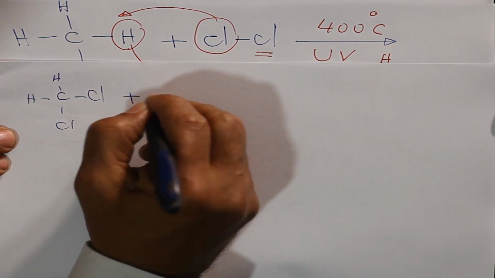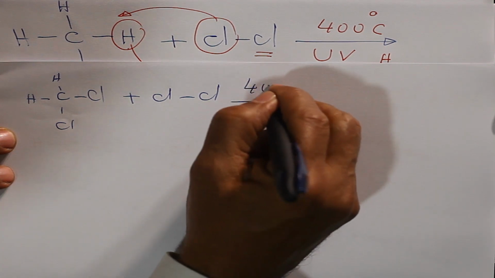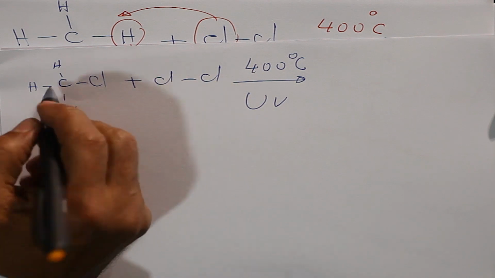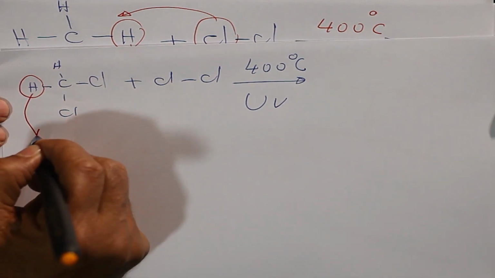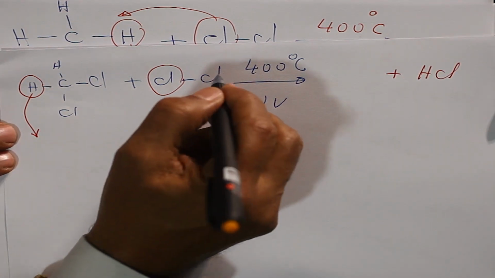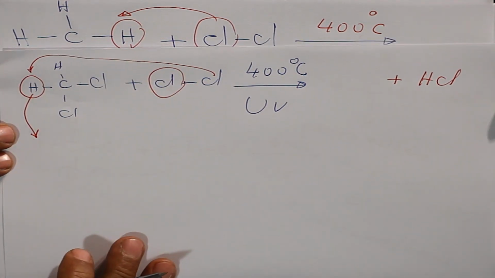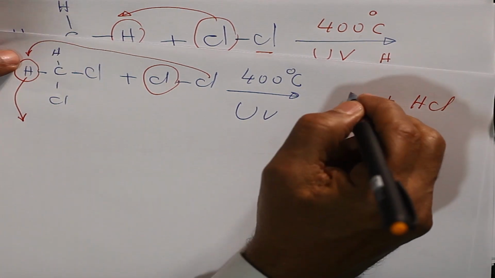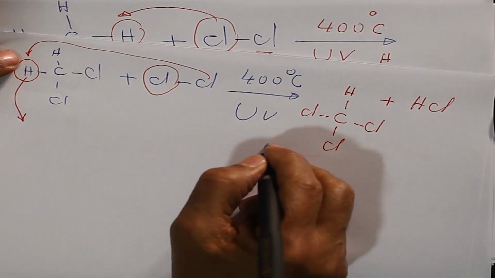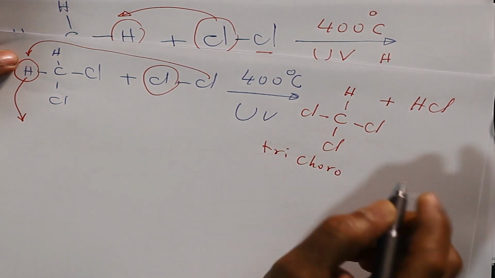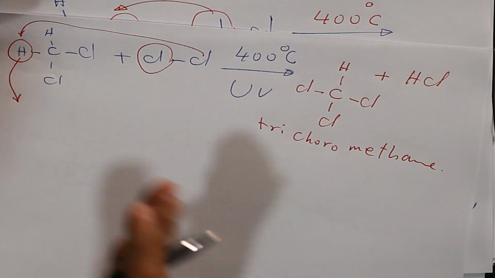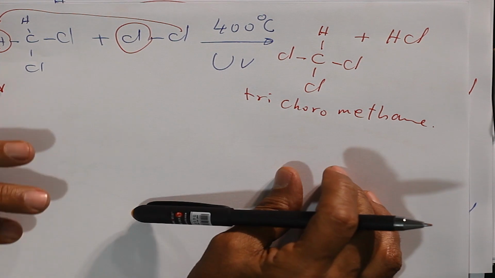CH2Cl2 with Cl-Cl, 400 degrees or ultraviolet rays. What happens? It will substitute another hydrogen atom with chlorine, forming HCl, and Cl will replace it. CHCl3: trichloromethane, and its common name is chloroform.